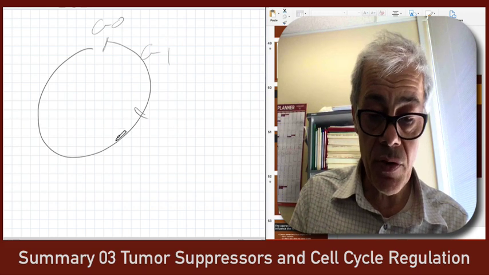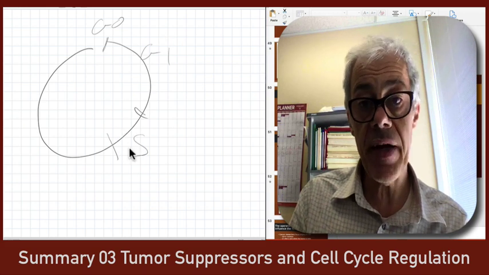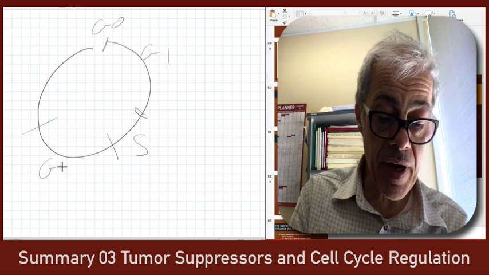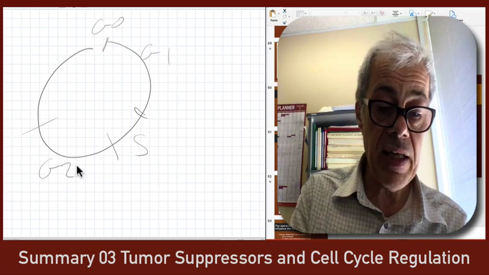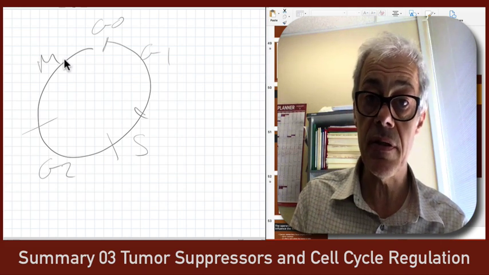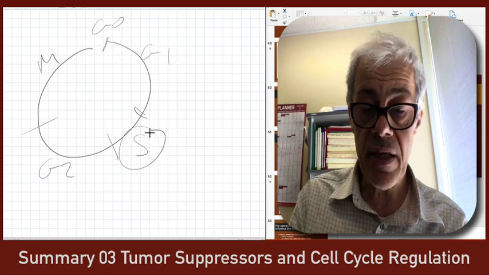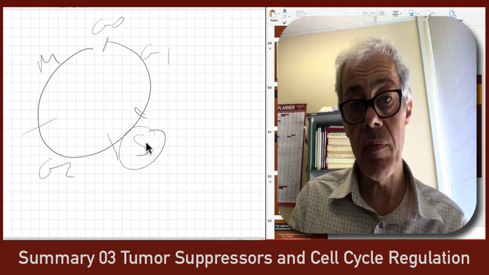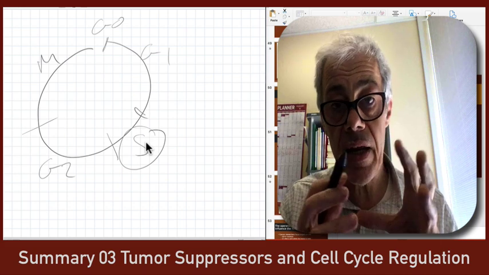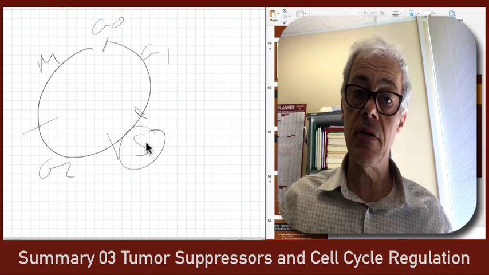And then we go into S phase, where the DNA replication occurs. And then we go through another gap phase called G2. And then we go through mitosis, where the cell division occurs. Okay, so you need to replicate the DNA, so you've got 2 copies of everything before you can then segregate that DNA into 2 cells to divide them.